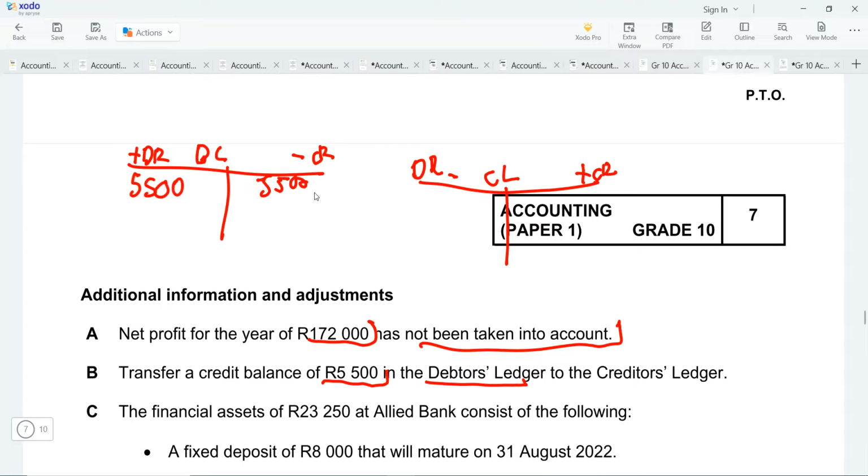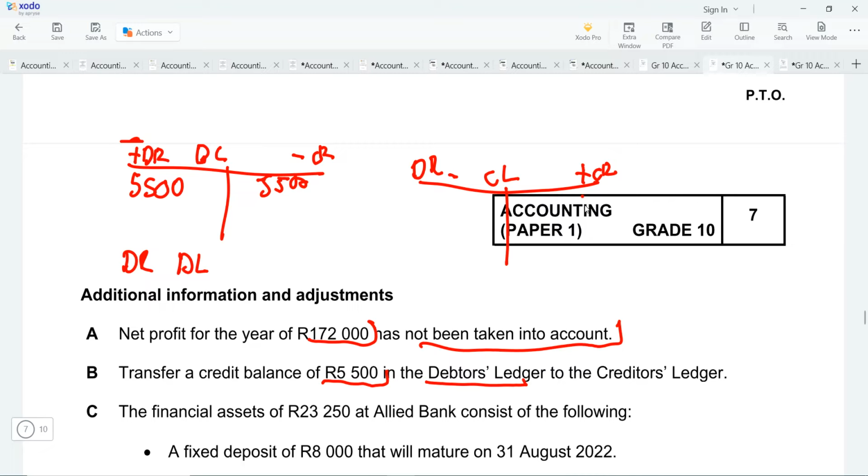Okay, which means it will cancel. But check the sign. The sign says it's debited, so we are going to debit debtors ledger. And because we are transferring it, we have debited debtors ledger by 5,500. So we must then credit creditors ledger by 5,500.